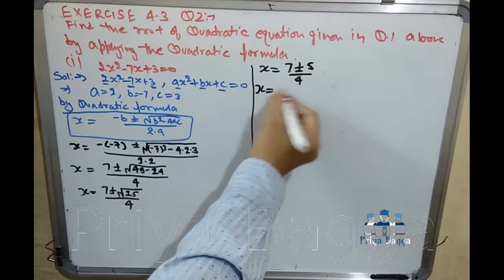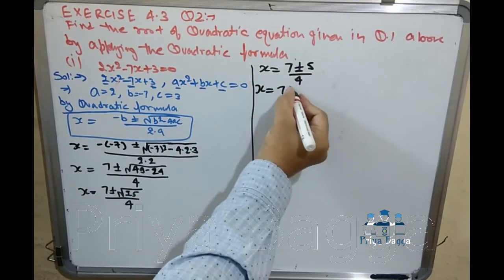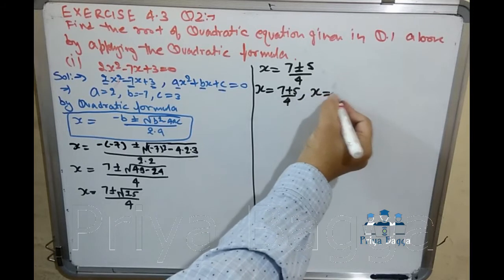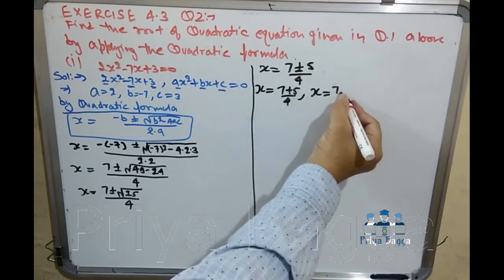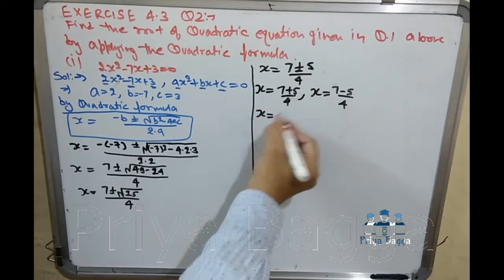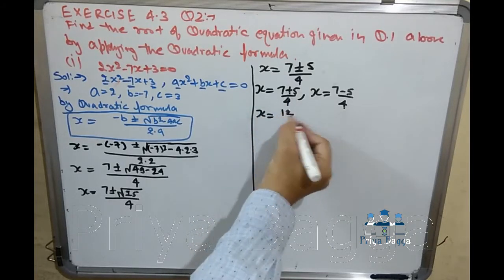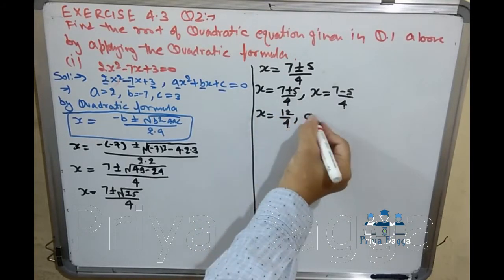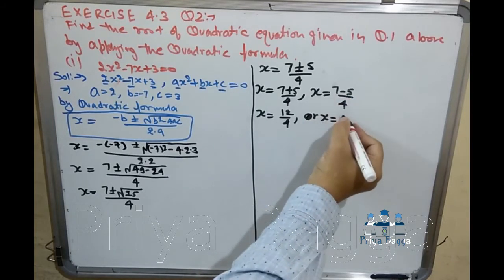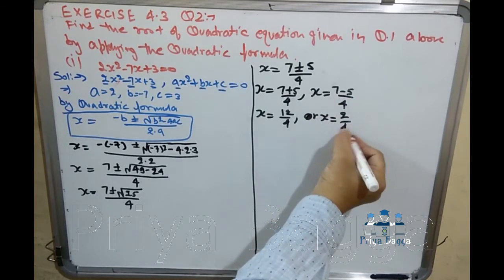The first value, taking the positive sign, will be 7 plus 5 upon 4. The second value, taking the negative sign, will be 7 minus 5 upon 4. So x is equal to 7 plus 5 is 12 upon 4, or x is equal to 7 minus 5 is 2 upon 4.